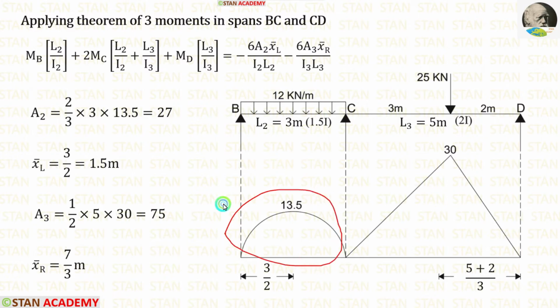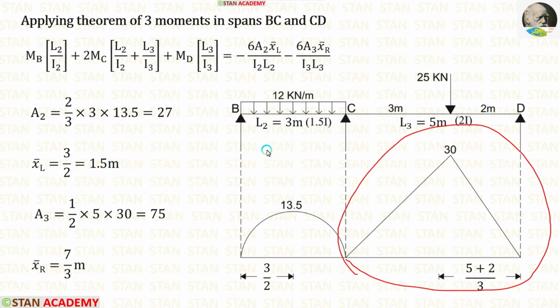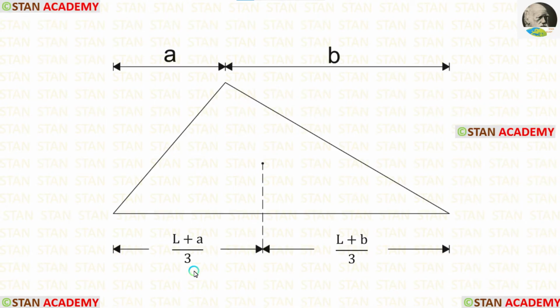This is a symmetrical diagram. The centroid lies in the center. So x bar left is equal to 3 upon 2. We will get 1.5 meter. This is unsymmetrical. Let us see the formulas. The centroid distance on the left side is L plus A upon 3.